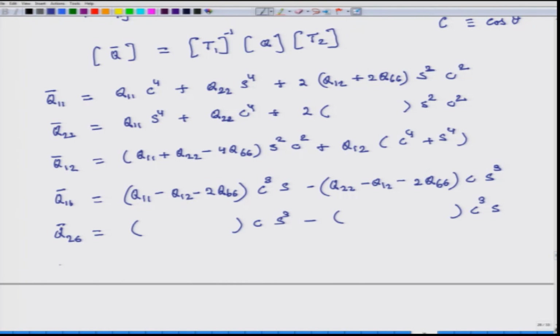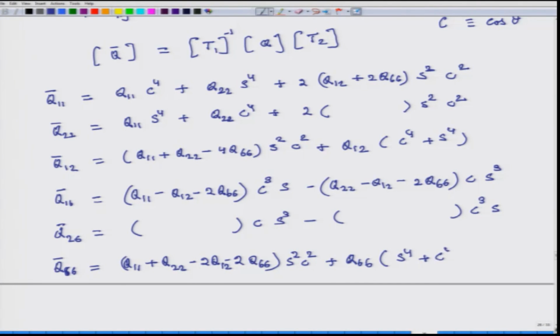And finally, the expression for Q66 bar. That equals (Q11 plus Q22 minus twice Q12 minus twice Q66) times sine square cosine square plus Q66 times (sine 4 theta plus cosine 4 theta).